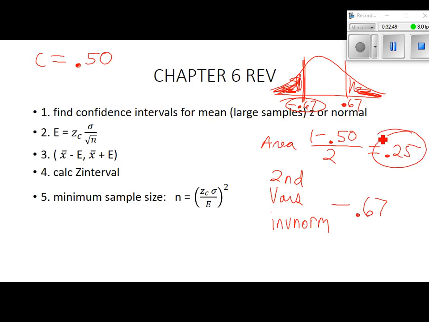Standard deviation. If you have the old calculator, all you got to do is put in the area. Put in that 0.25. If you have the new calculators, it asks for standard deviation and the mu. Yeah, standard deviation, second bars, and 0 and 1. And sigma. Oh, that is sigma. Yeah, so mu and standard deviation.